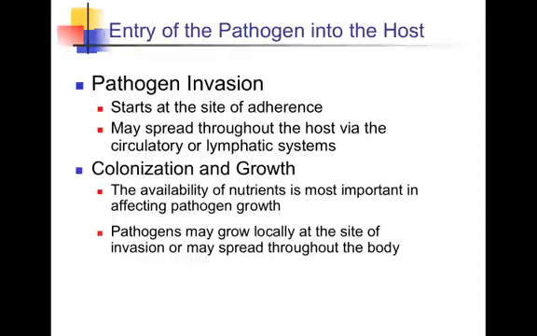This can happen via movement through the circulatory or lymphatic environments, in terms of getting access to a particular suitable infection site. Once that invasion occurs, the pathogen needs to be able to access necessary resources and be able to grow and increase cell number.